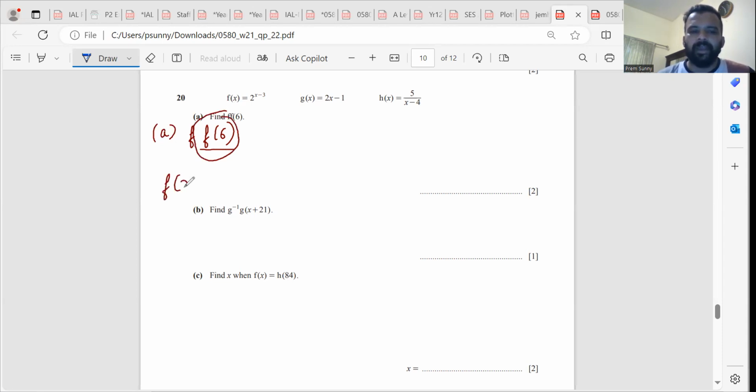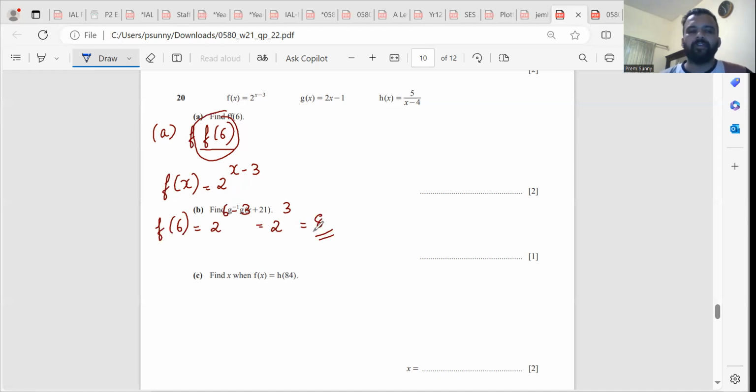So f of x, it is given in the question, is 2 to the power of x minus 3. What we need here is f of 6. So wherever we have x on the right hand side, we have to replace it with 6. So 2 to the power of 6 minus 3 is 2 to the power of 3, which gives us the value as 8.